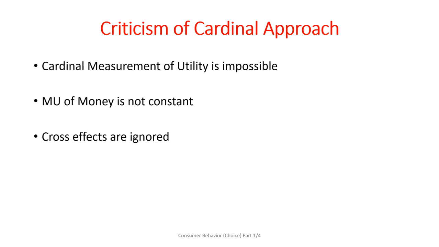Similarly, the cross effects, that is, the effect of change in price of one commodity on the demand of another commodity, are also ignored. We know that goods are grouped as substitutes as well as complements. However, this approach ignores it.